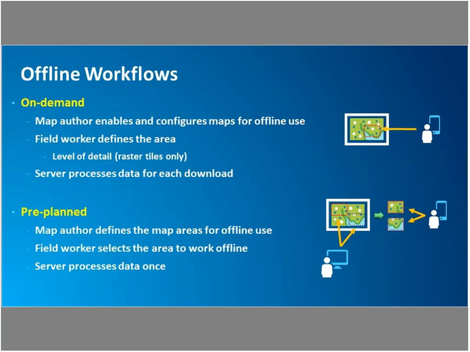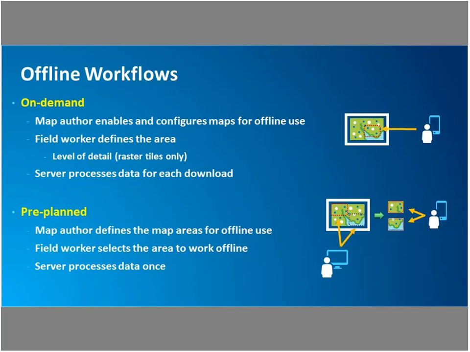So with the new Collector, there are two kinds of offline workflow. Again, on demand was available with Collector Classic. This is where the map author configures the map for offline use, as Mark had showed you, and the field worker defines their own area, sets their level of detail, and then downloads it. So this method is good because your field user, wherever they are, as long as they're connected when they do this initially, can pick whatever area they want.